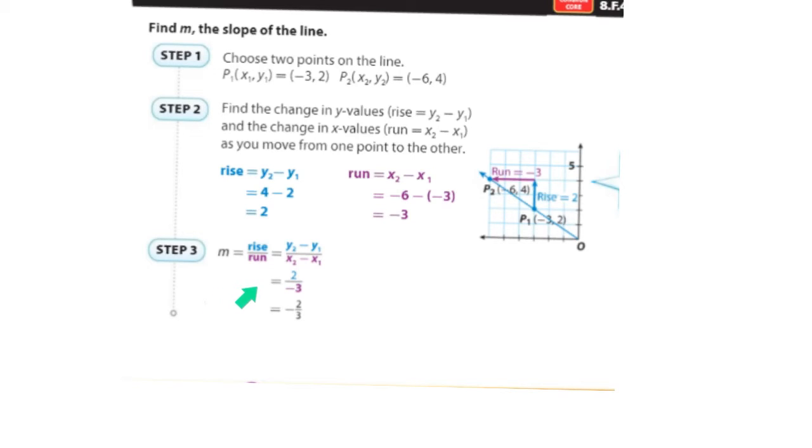One thing I do want to point out, this -3, if you have a single negative anywhere in the fraction, it makes the entire fraction negative. So whether this was a -2, it would make the entire fraction negative. When there's a negative out front, the entire fraction is negative. And that simply tells you this line is negative, there's a negative slope.